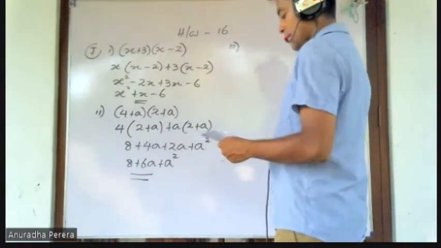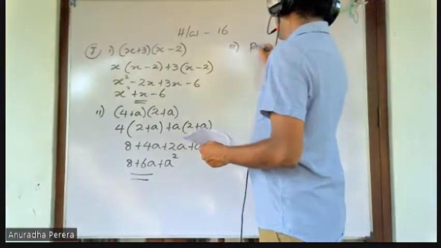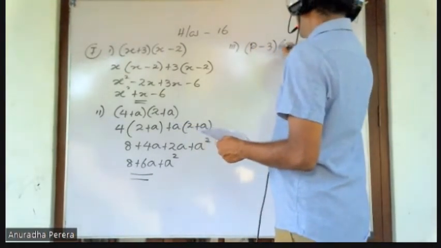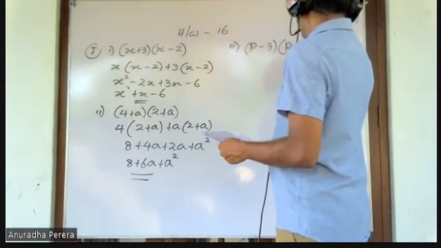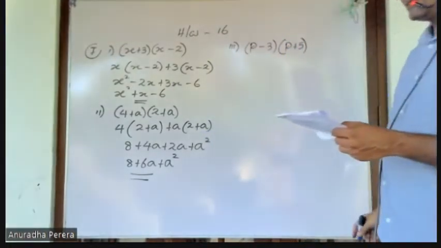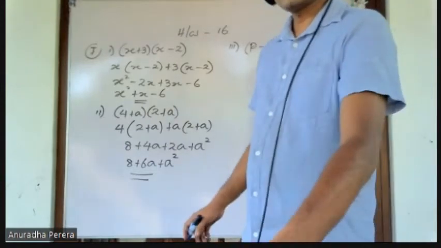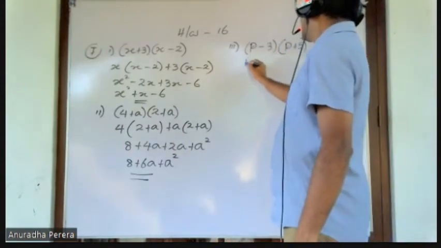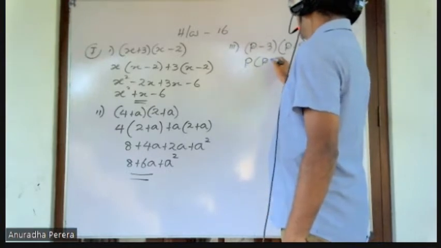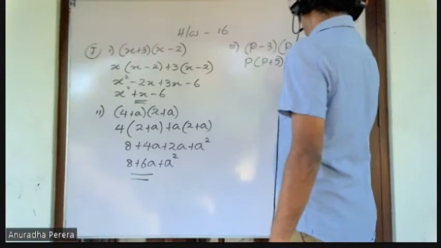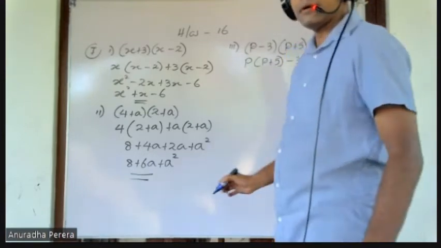Third one, p minus 3, p plus 5. P minus 3, p plus 5. P times p plus 5, then minus 3 times p plus 5.